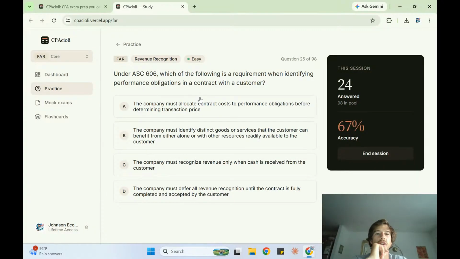Which of the lines are requirements when identifying performance obligations? I don't think it's C because it's when it's performed, not when cash is received.